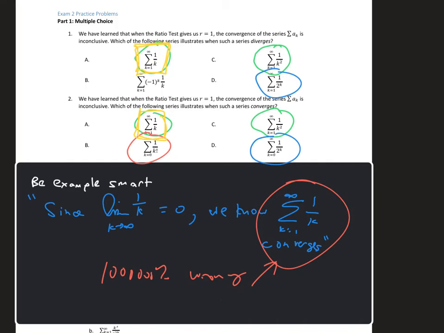So this series, for example, converges because its terms go to 0, but only because it's an alternating series. So the harmonic series is a really good example of the terms going to 0 not implying the series converges. This is 1,000,000% not right, but I'm sure some people will say something like that on the exam.